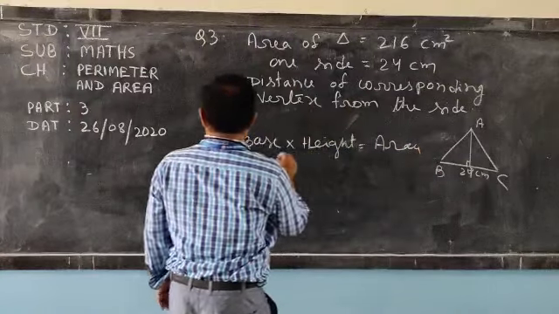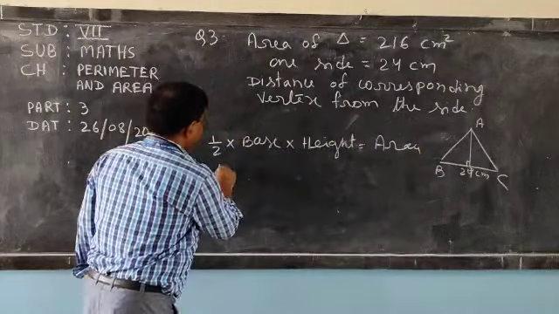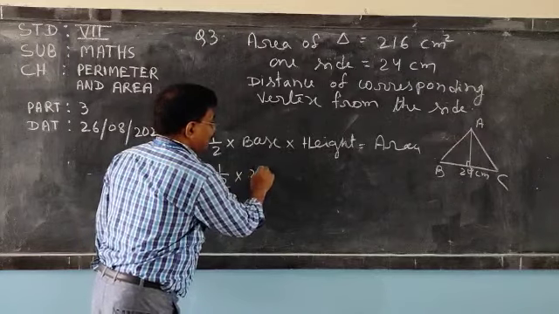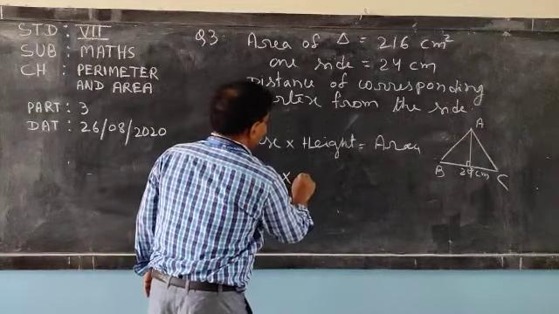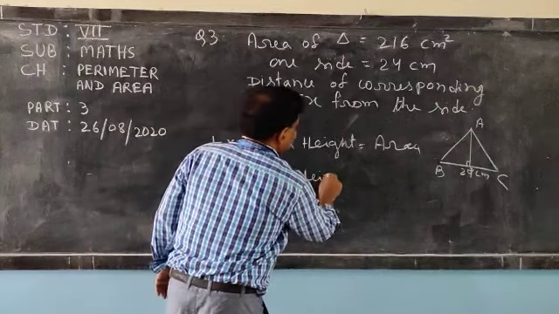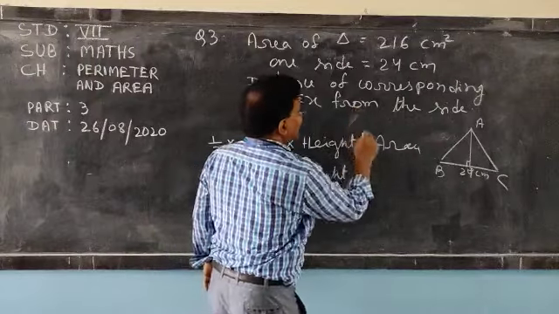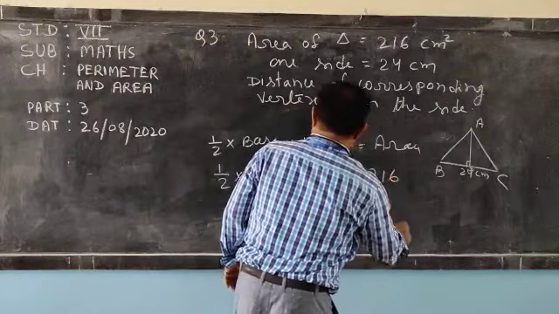Okay. So what will happen? Half, base is 24 and height we are not knowing, and area is 216.